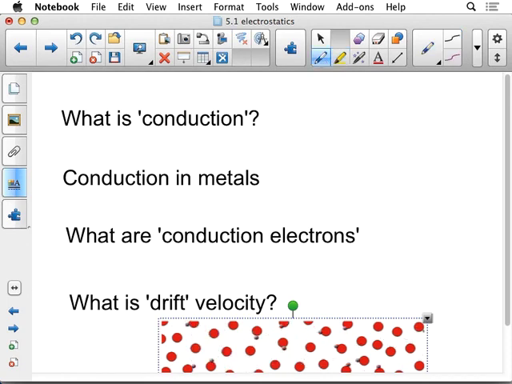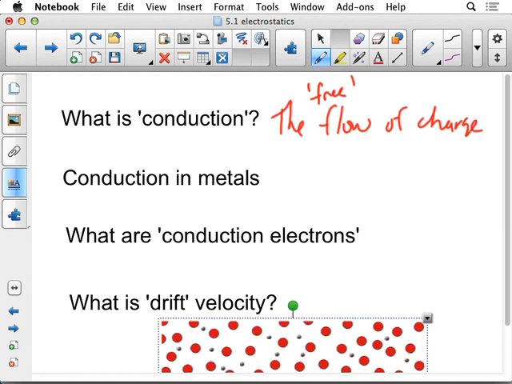So the flow of charge, I'll even go so far as to say the free flow of charge. Usually we restrict that to flowing in a material substance, like a solid or a liquid, or even a gas, right?